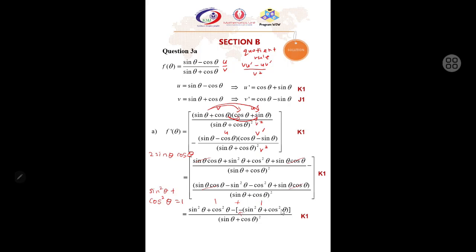So this is 1 mark. And then J1 when you simplify this function. So you already shown the function f prime theta equals to 2 over sine theta plus cos theta square. So that is for question 3a.